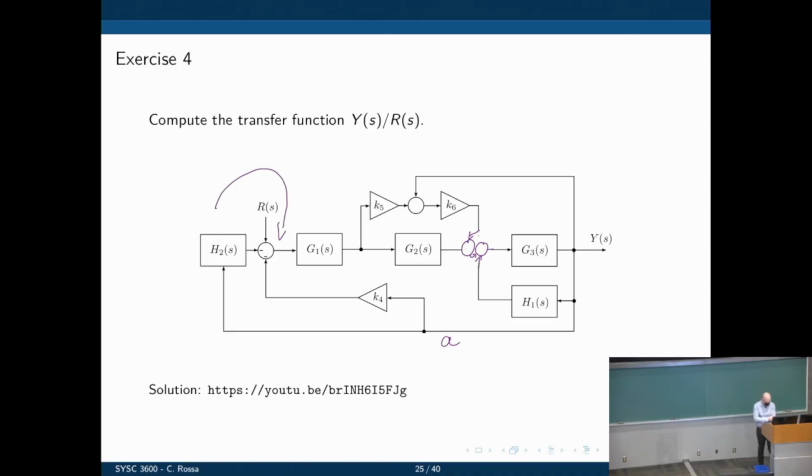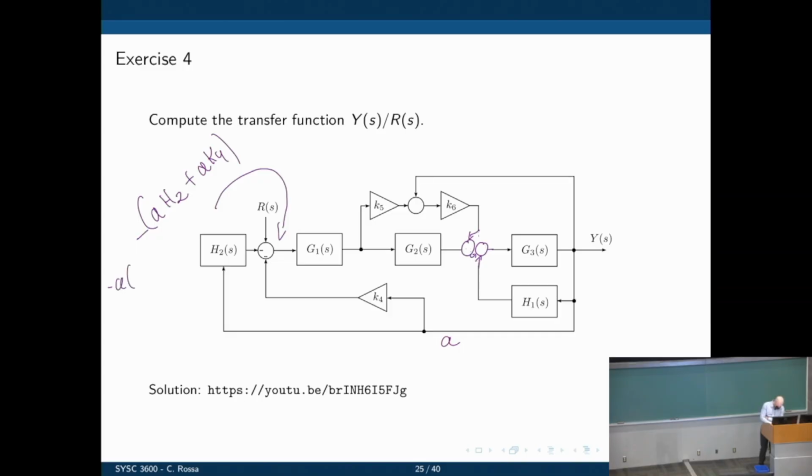When they come to that point, we have A times H2 added to A times K4 with a negative sign in front of them. So we could factor out A, which is the signal we want.